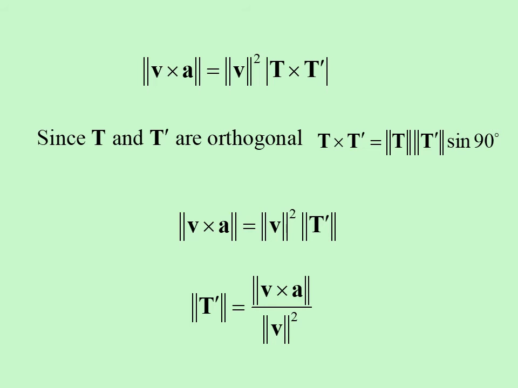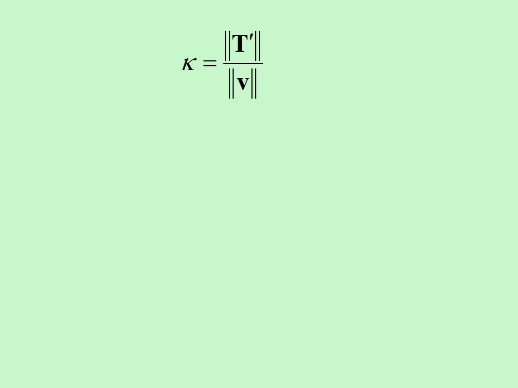And then solve that for the magnitude of T prime. Now, in the definition of curvature then, we can replace the magnitude of T prime with the magnitude of T prime that we just found.